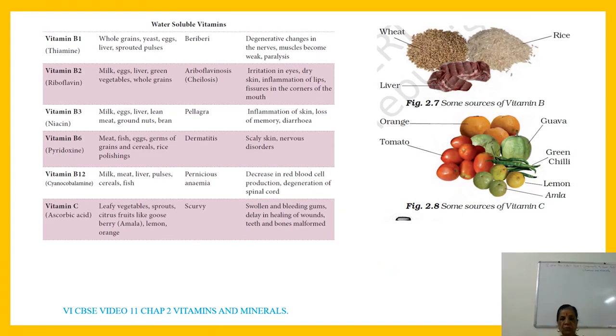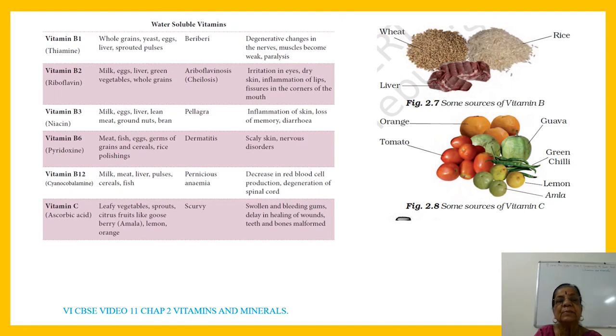Ascorbic acid spelling: ASCORBIC, ascorbic acid. I hope you follow. Then the sources are, for vitamin B1, whole grain, yeast, egg, liver, sprouted pulses. We have studied in the first chapter, pulses sprouting, that is sprouted pulses.